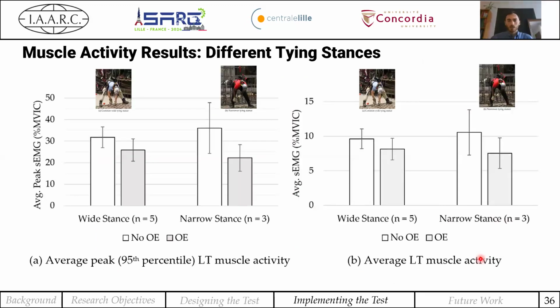Our preliminary results suggest that because of these differences in tying posture, novice workers may benefit from a back support exoskeleton more by reducing their lower back muscle activity, while the wide stance of experienced workers, however, puts them at risk of decreasing the stability of the passive structure of their lower back. So in other words, the intervertebral discs and ligaments of the lumbar spine. And so experienced workers may therefore benefit more from the OE by maintaining the stability of the passive structure of their lower back. And in this way, OEs may have different benefits depending on a worker's experience level.